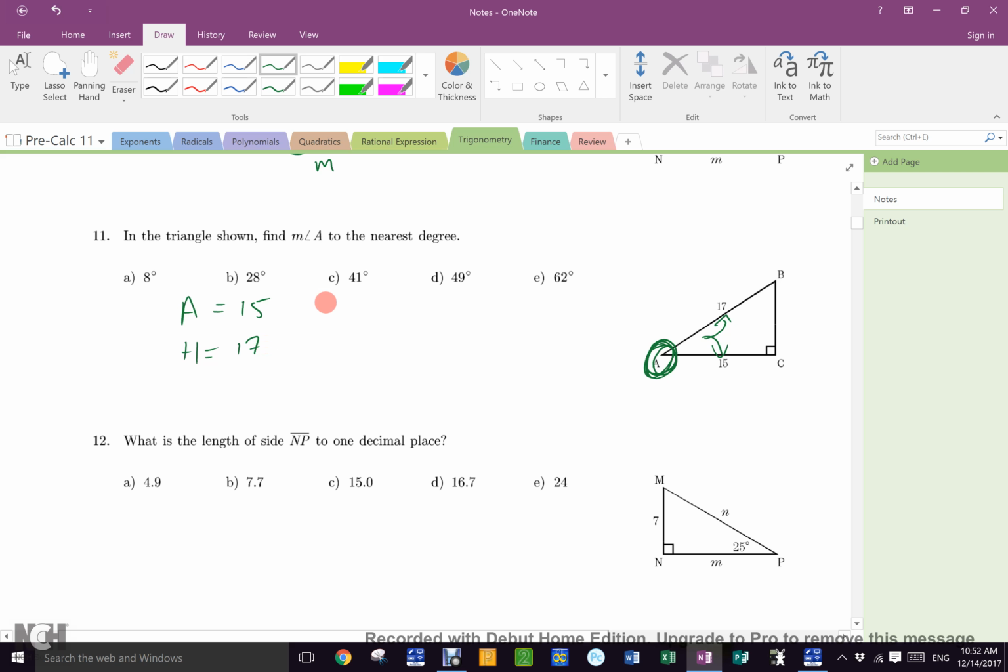So what uses A and H? Cos. And since I need an angle, Sophie Dolphin, what do I do? Use shift cos, or second function cos. 15 divided by 17 to get the answer. And the answer is shift cos 15 divided by 17. 28.